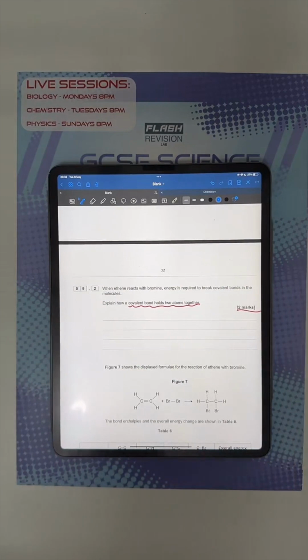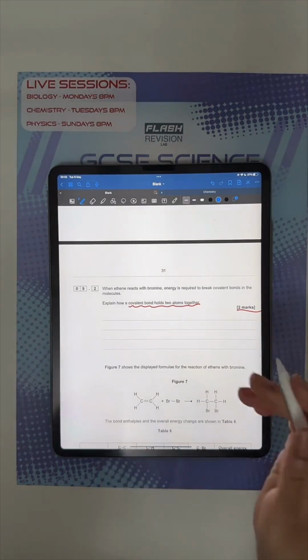Explain how a covalent bond holds. Metallic bonding, we've got that in the YouTube video, so take a look at that. We talk about all the types of bonding in that.